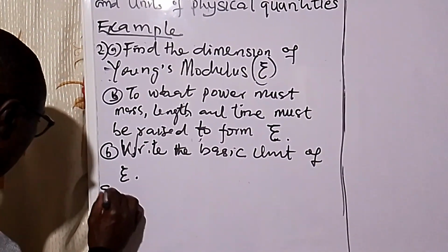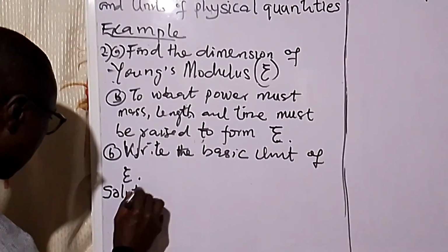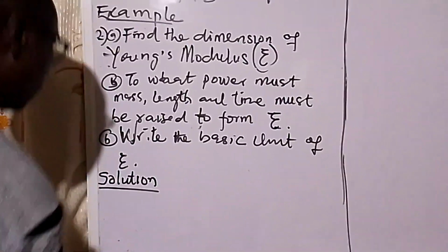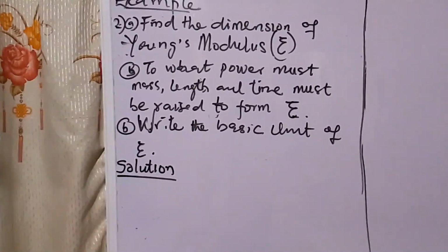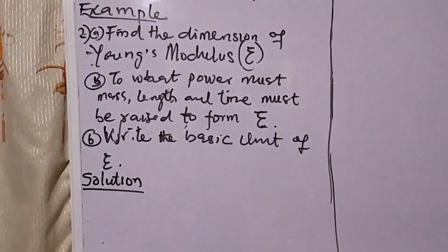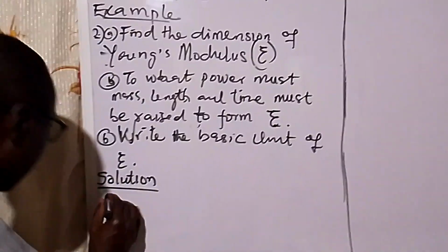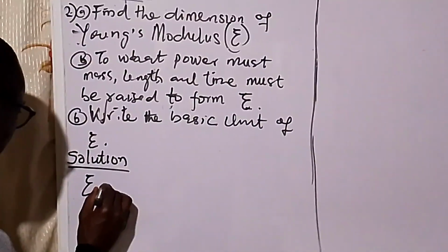Now, solution to this one. Don't forget our rules. The derived quantity here is Young modulus.